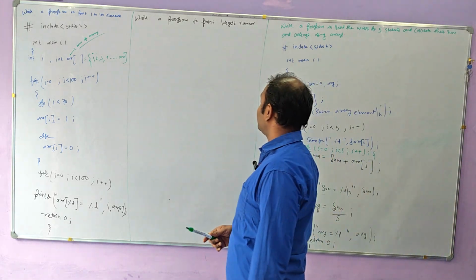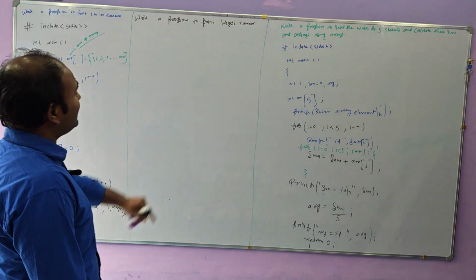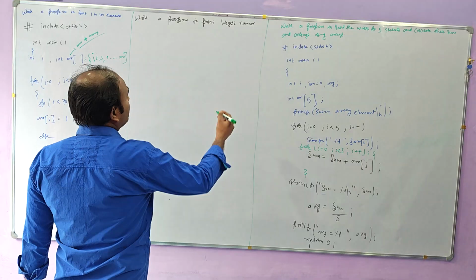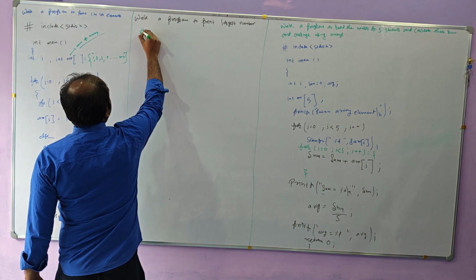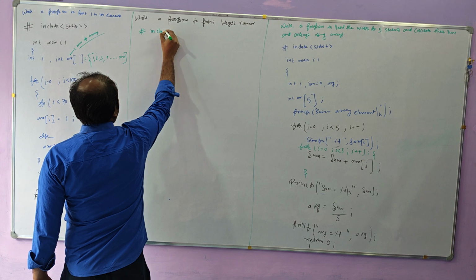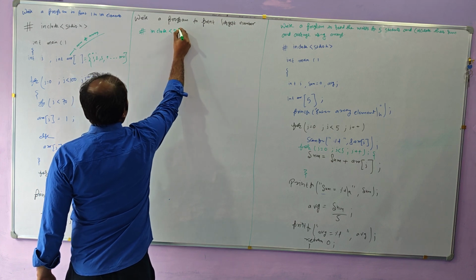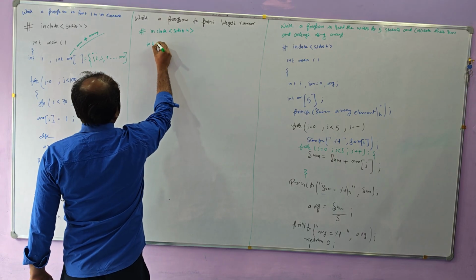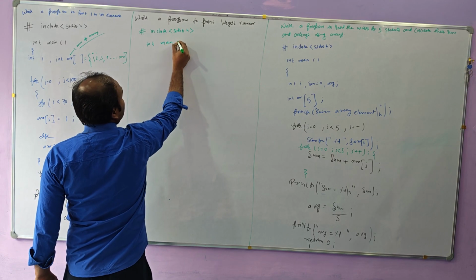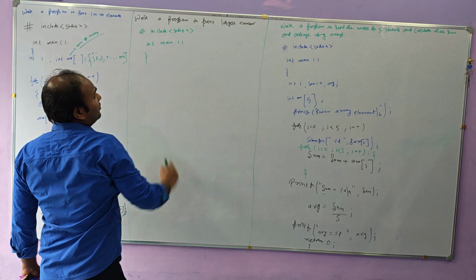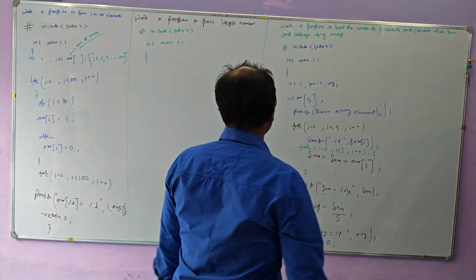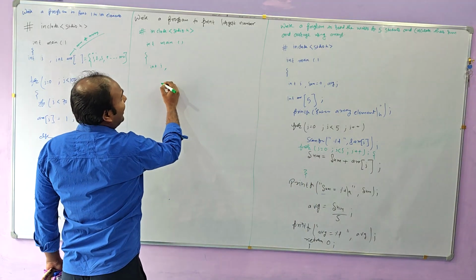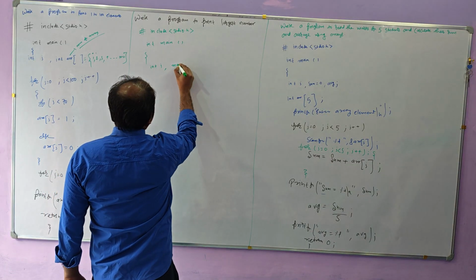In another question, write a program to print the largest number. In the same way, we can write #include stdio.h, int main. At the beginning of the program we need to mention int I, which we are going to use, and a max value.